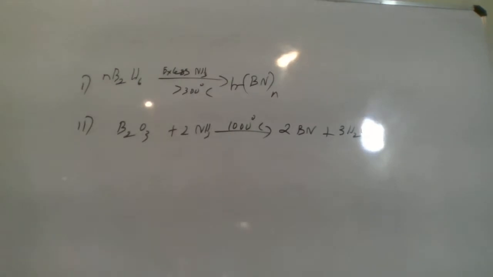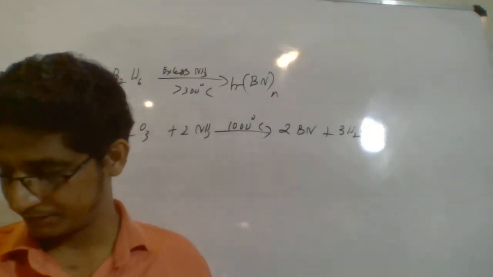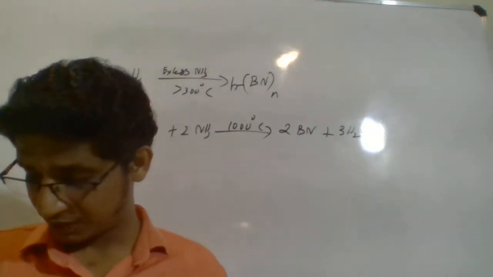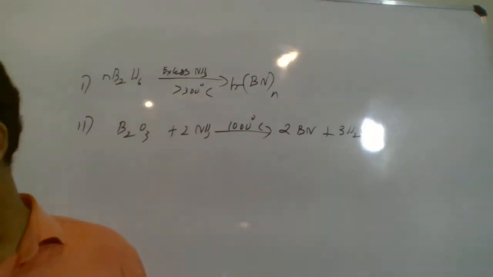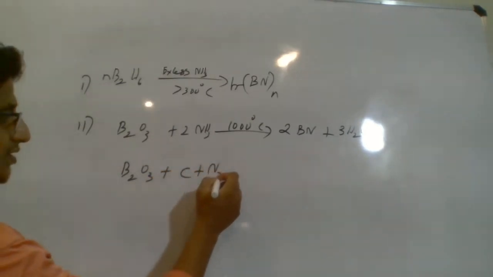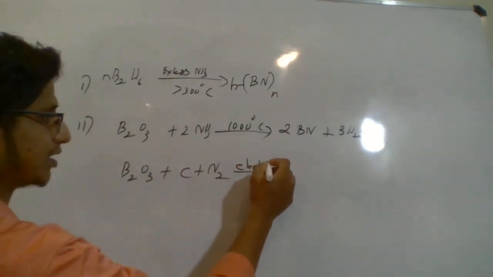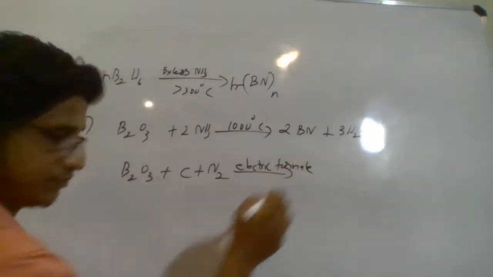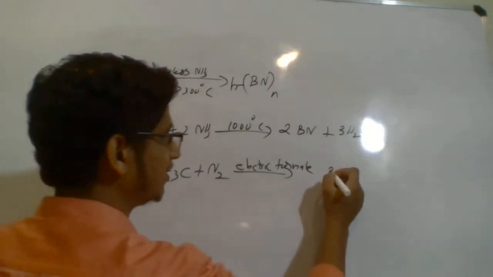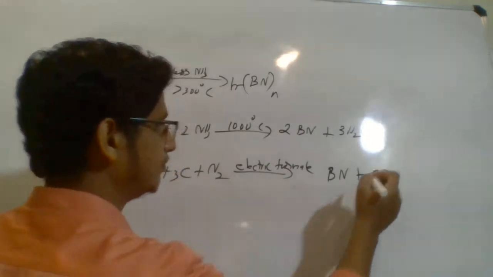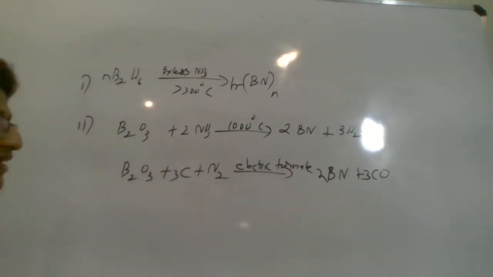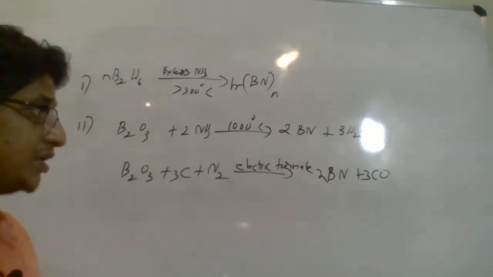That's the second method, from boric oxide treated with ammonia. Next, from boric oxide again, this time heating in a mixture of carbon and nitrogen in an electric furnace. You're going to get boron nitride and carbon monoxide will be eliminated. So these are the three important methods of preparation of boron nitride.